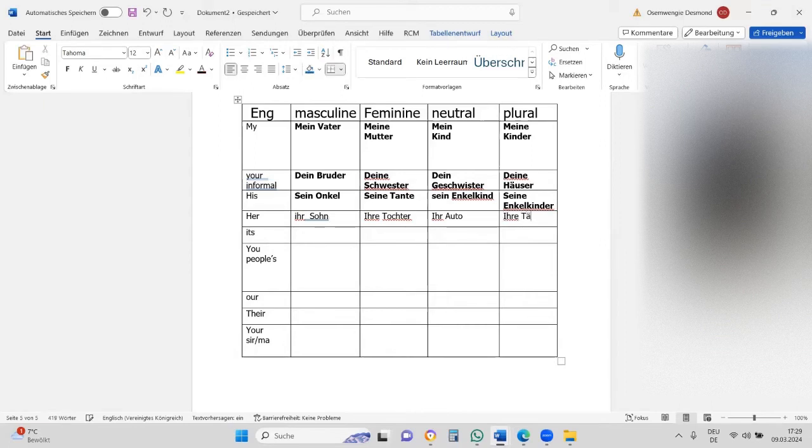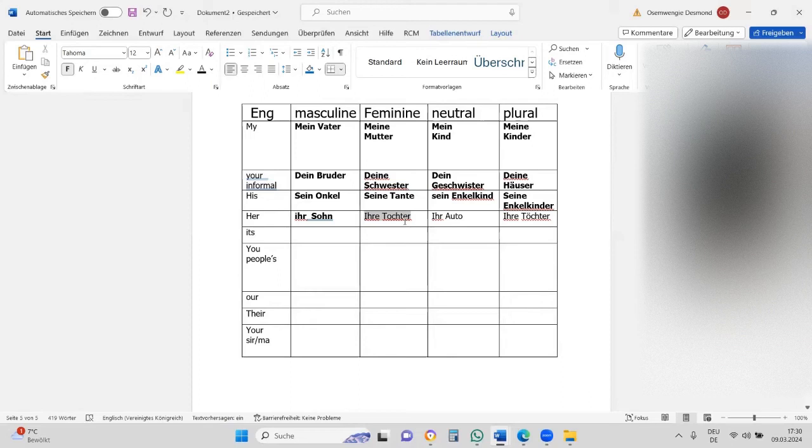Now let's see here, ihr Sohn is their son. Use ihr; ihr has its own masculine part, its feminine, its neutral, its plural. So if you want to say their son, I say ihr Sohn.